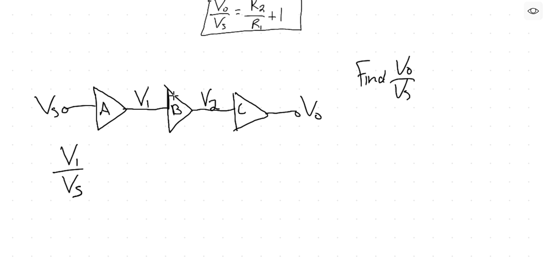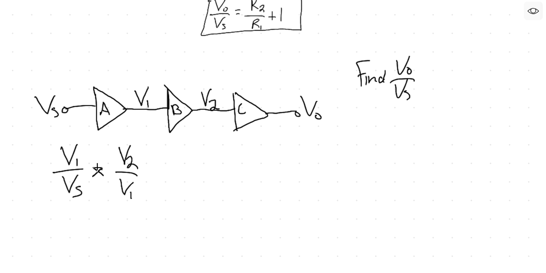Then you look at the gain of stage B. Just looking at this, what does the gain of stage B look like? It'll come out to be V2 over V1, right? V2 over V1. So from A to B, it turns out that when you cascade gain stages, their results just multiply.